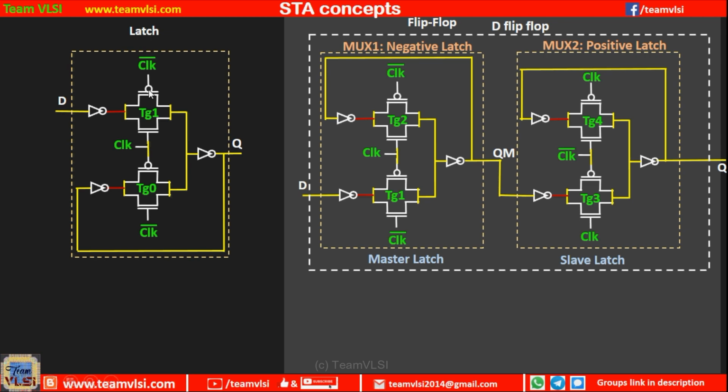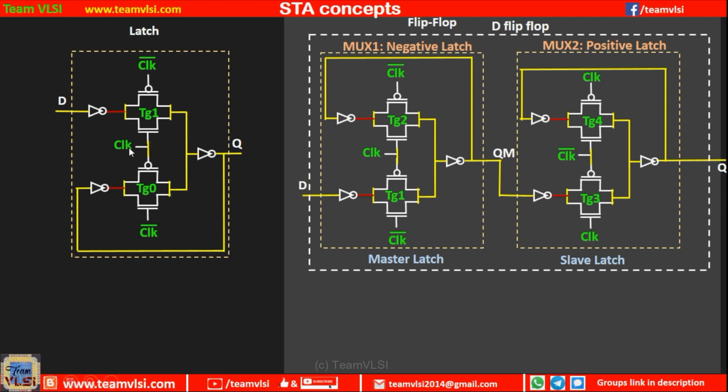Both transistors complement each other, meaning when the clock is favorable, both transistors turn on together, and when the clock is not favorable, both turn off. So let me explain the working of this transmission gate, then we will easily understand the functionality.